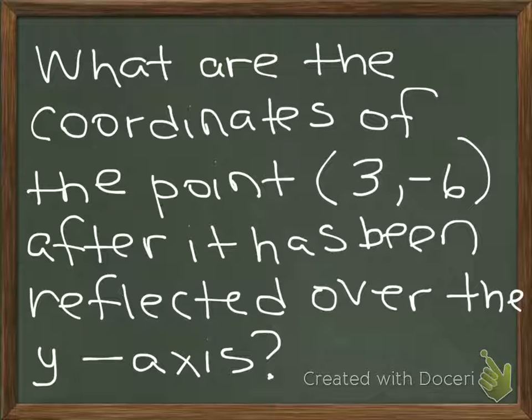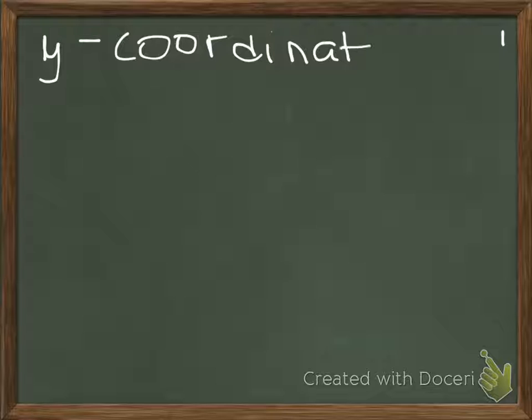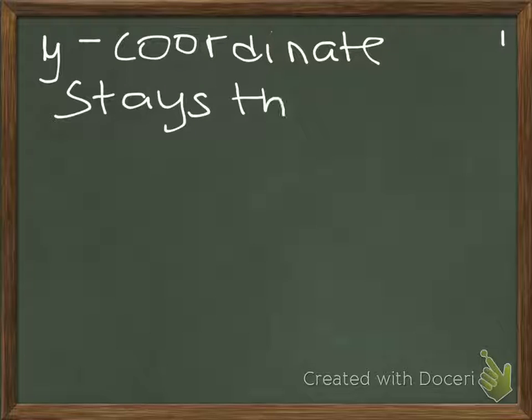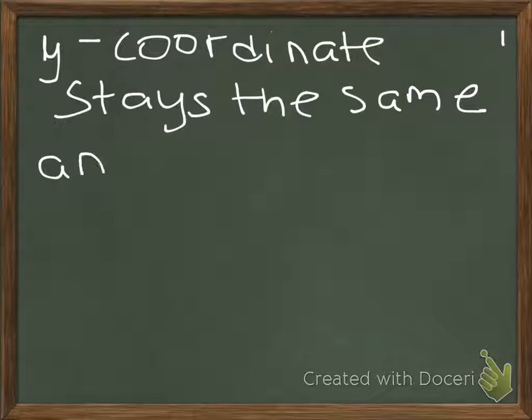Here we're asked to tell the coordinates of the point 3, -6 after it's been reflected over the y-axis. The easiest way to remember this is if you're reflecting over the y-axis, the y-coordinate stays the same. And the x-coordinate is the opposite sign.